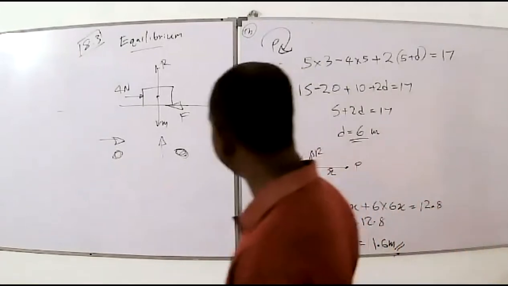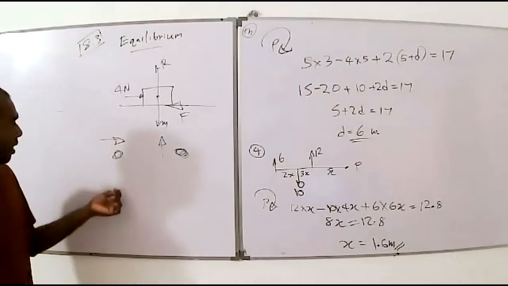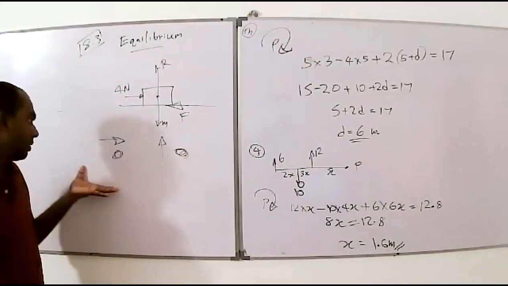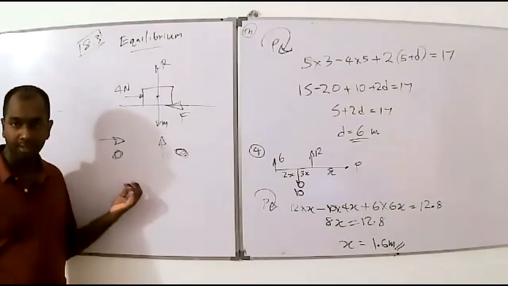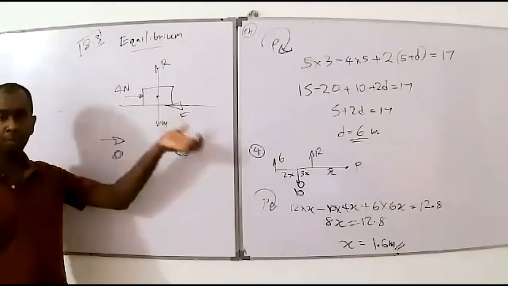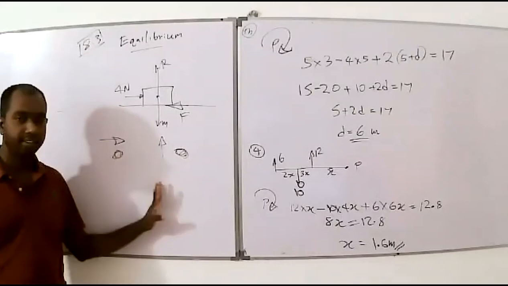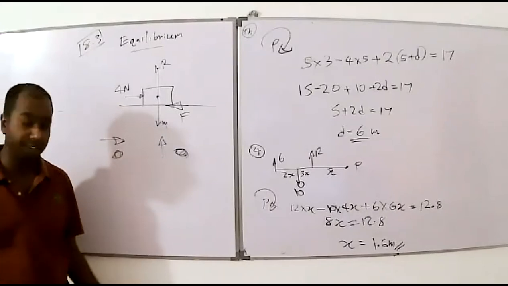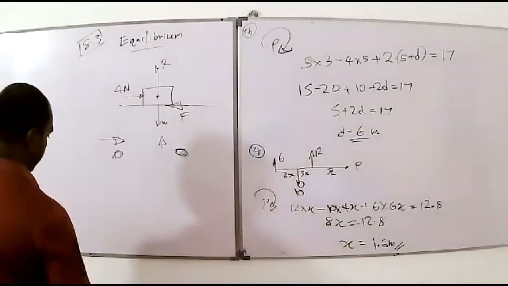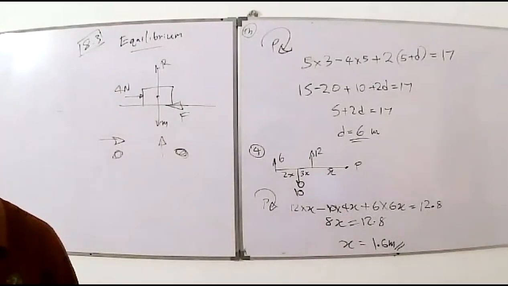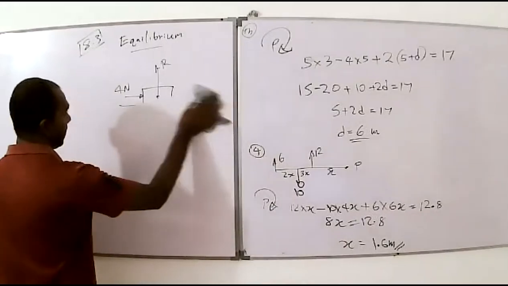That's the theory: there can't be net forces acting upon the given object if the object is in equilibrium. When we are dealing with moments also, the resultant moment should be equal to 0 if the object is in equilibrium. If the object is not moving, it is still, so the resultant moment should be equal to 0. That's all.